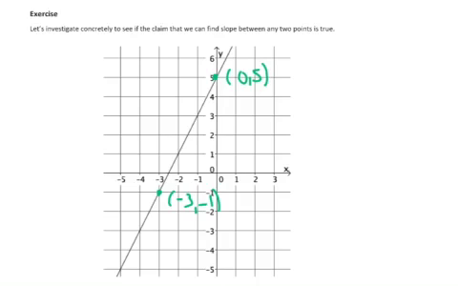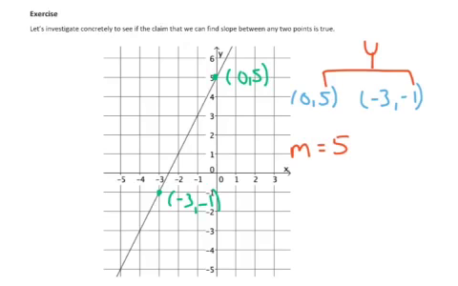So if we would start to do this, write them down, and remember, it does not matter which ordered pair I write first. So if I put 0, 5, and then -3, -1. Remember, we subtract our y values. So be careful when you're doing that this time. I would have 5 minus a -1.